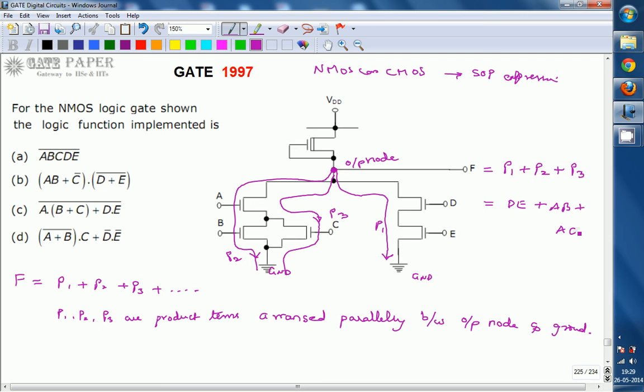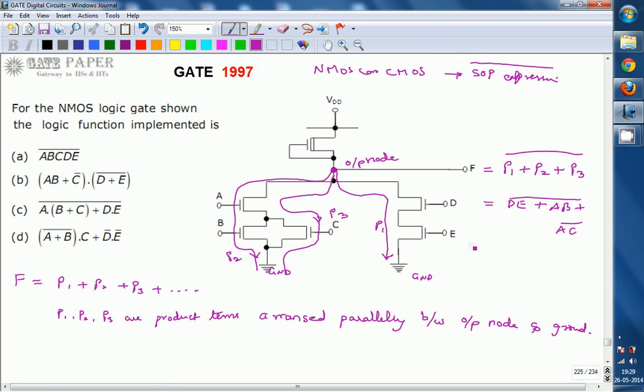And remember that NMOS and CMOS gates give the complement of the SOP expression. So simply what you do is write a bar over it. So here also you write a bar.